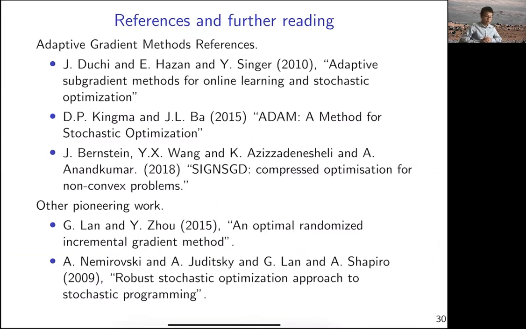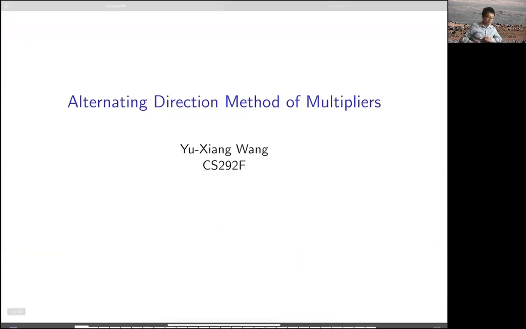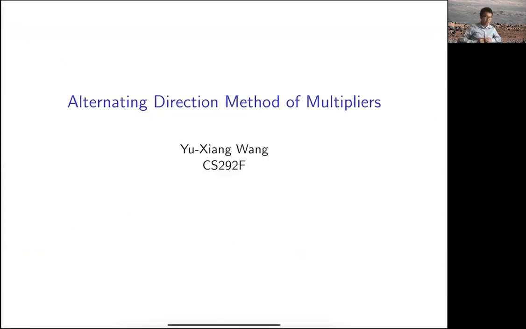Okay, so let's move to our next topic today. This is another family of algorithms in optimization that has been extremely popular since 2008, 2009, after Stephen Boyd wrote that paper about ADMM.